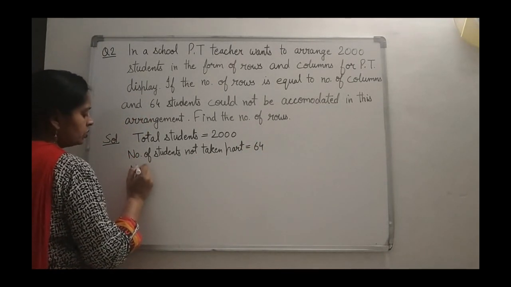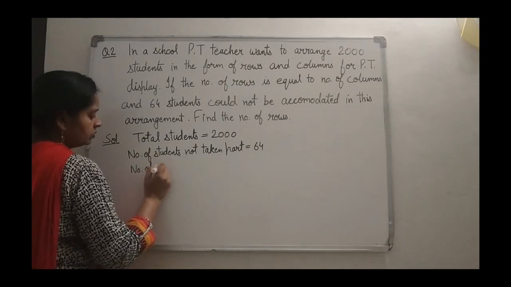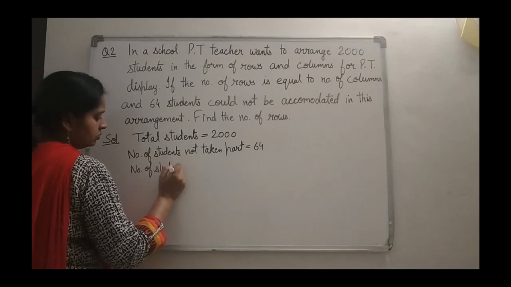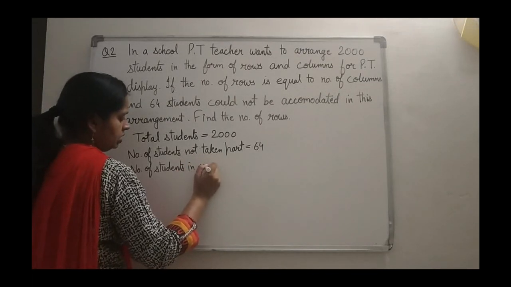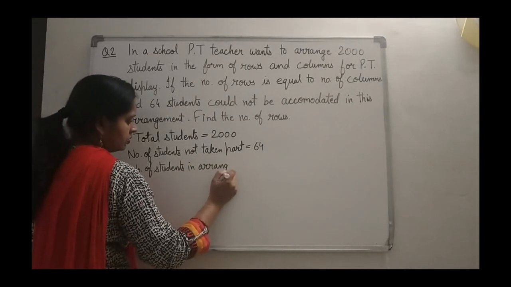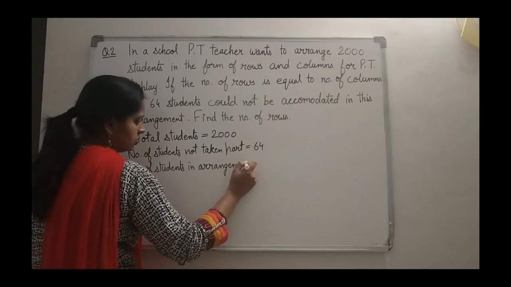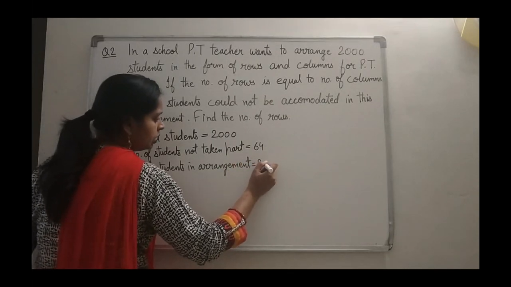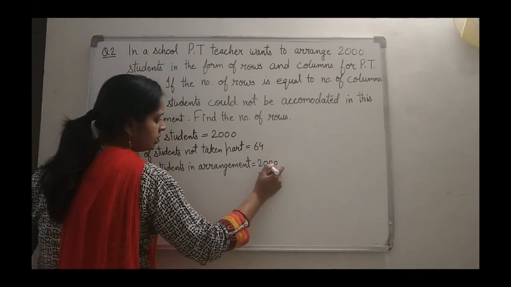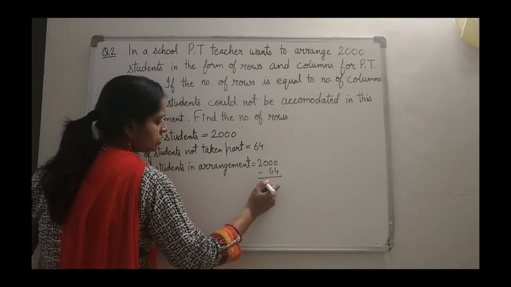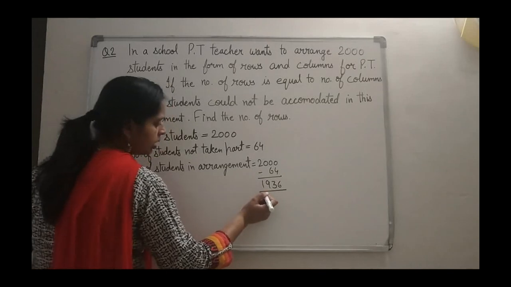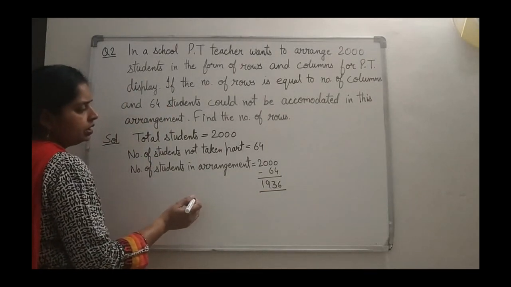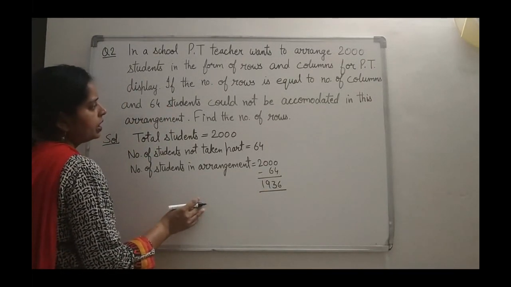So the number of students in the arrangement will be equal to 2,000 minus 64. So how much are you getting? 1936. So 1936 students have taken part in this.